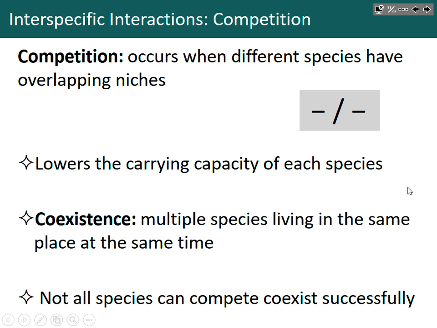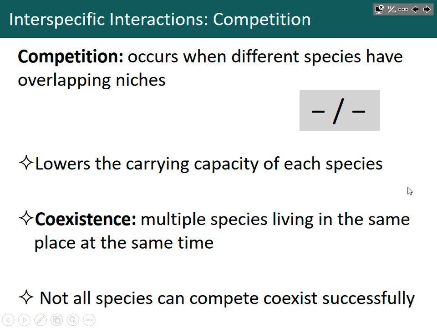So when we have multiple species living in the same place at the same time, we refer to that as coexistence. So species who are occupying the same place at the same time are coexisting. They're getting along at the same place and they're existing at the same time, right? Not all species are able to coexist successfully. So in many cases, if one species moves into an area, it might exterminate a species from that area because they're not able to coexist.